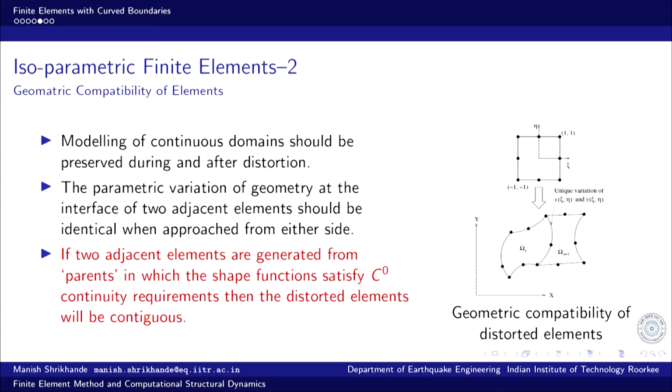So, if I have the 3 distinct points and geometry is defined by coordinates of these 3 points, then the contiguity of the edge boundaries of these 2 elements is guaranteed, because the coordinates of each point along this line as we approach this edge from element omega e are going to be the same as the coordinates of each point on this line as we approach this curve from element e plus 1, and that is because the interpolation functions for this particular element satisfy the C0 continuity.